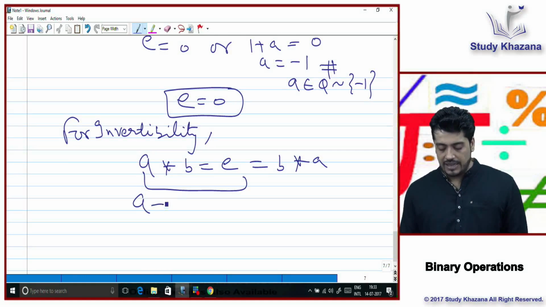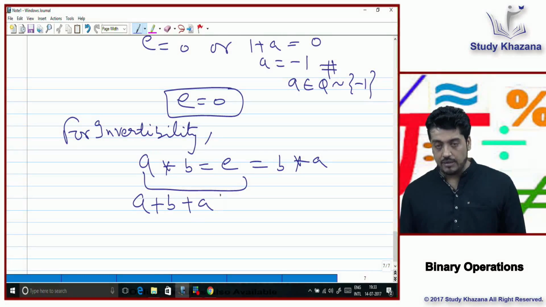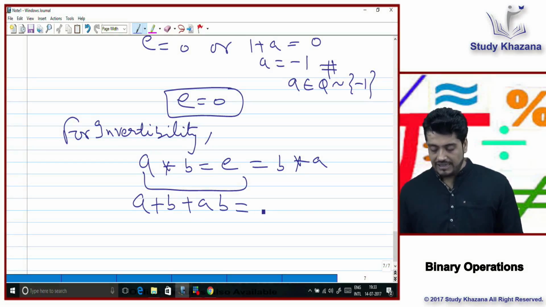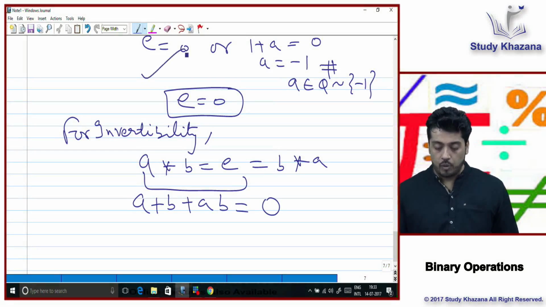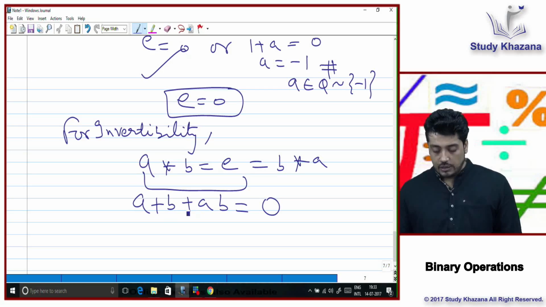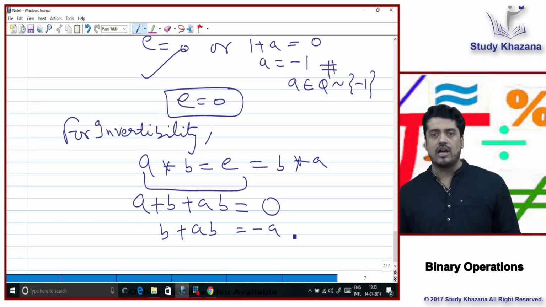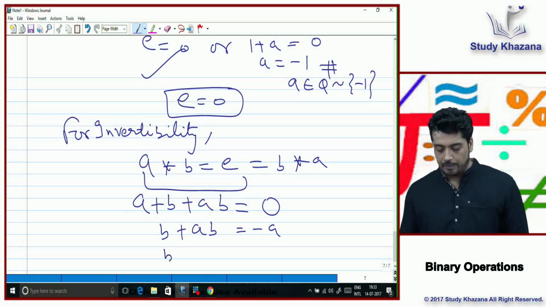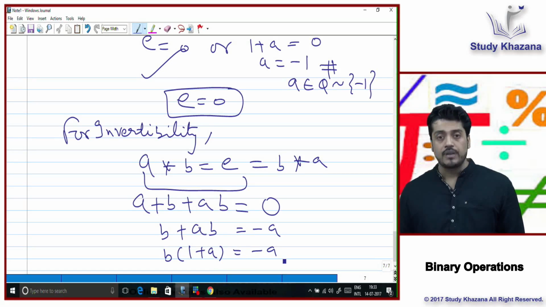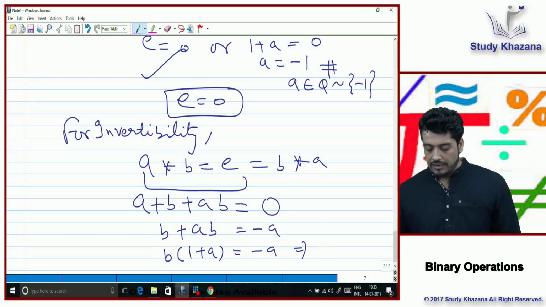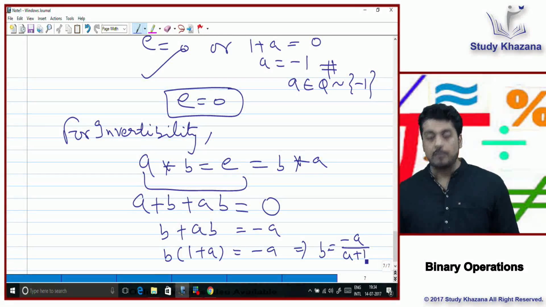A star B is A plus B plus AB. And what is E? E is 0 because I have proved it. Now, this implies B plus AB equal to minus A. I have shifted A to the right hand side. Now, can I take B common? So it will be B times (1 plus A) is equal to minus A. And this implies further that the choice for B is minus A upon 1 plus A.